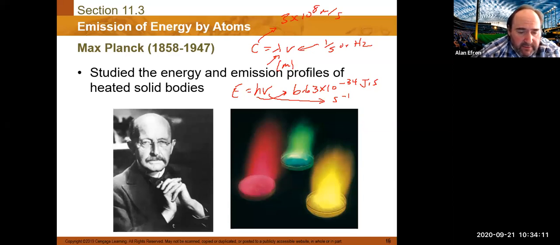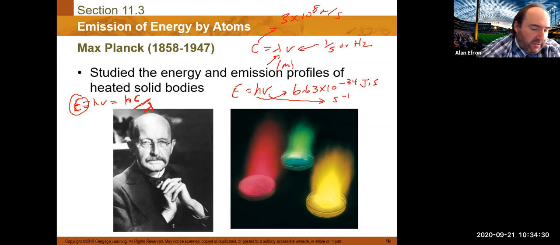If E is equal to h times the frequency, that gives you hc over the wavelength. E being energy, h is Planck's constant, c is a constant. So if you just know the wavelength, you can pretty much calculate the energy associated with that wave.